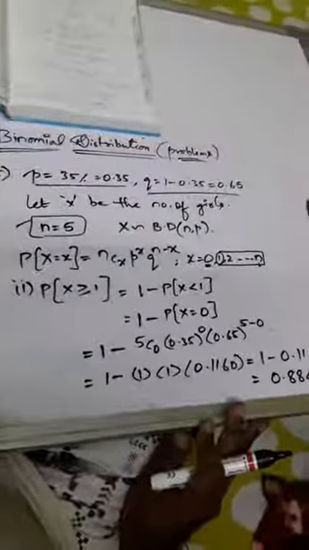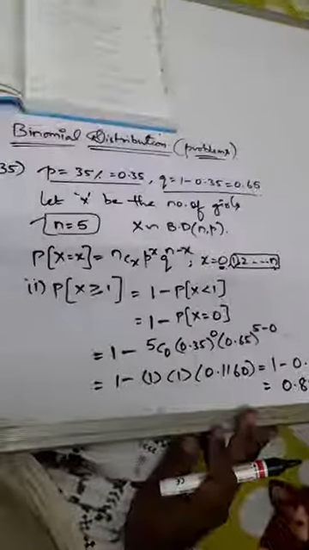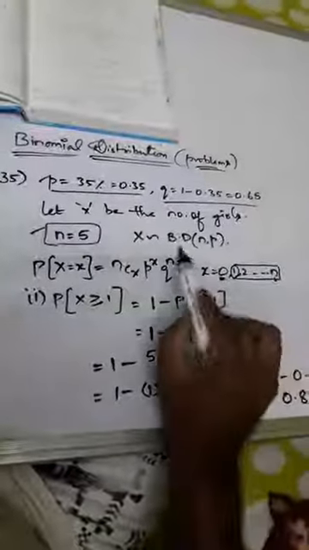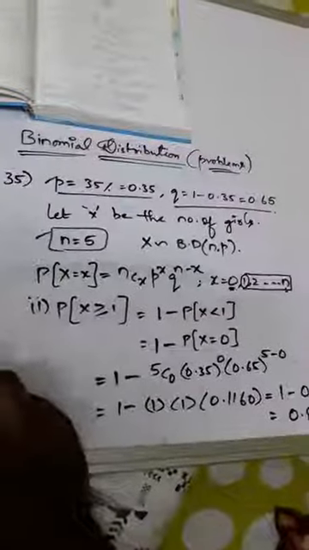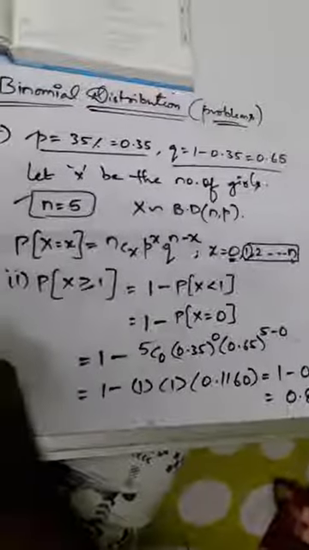So you can have a look. P is given as 35% and Q is 1 minus 0.35, that is 0.65. Let X be the number of girls, therefore X follows the binomial distribution (n, p), because n and p are given. So n and p are the parameters of the binomial distribution. So P(X = x) equals nCx p^x q^(n-x). Writing the PMF is a must.